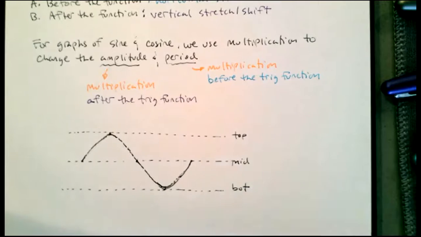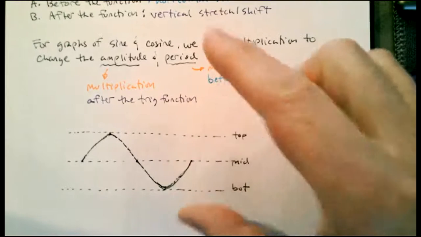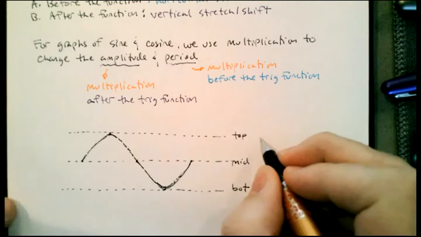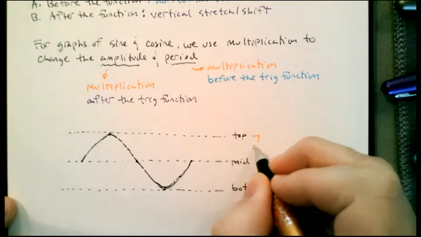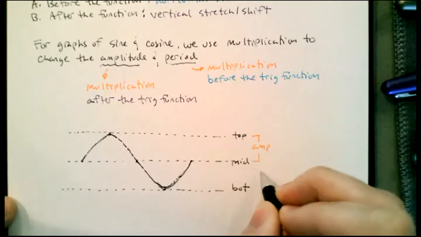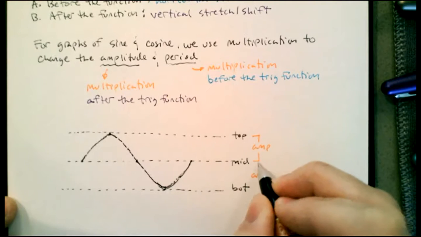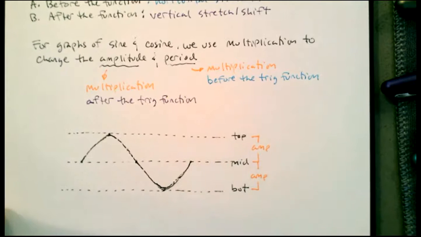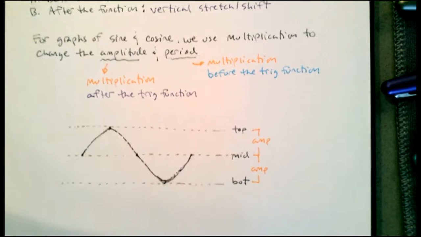If we want to change how tall the graph is, that is, if we want to change the amplitude, that's going to be multiplication after the trig function.